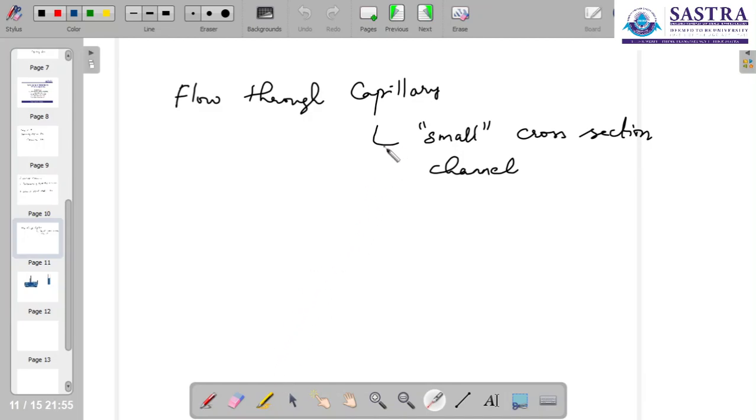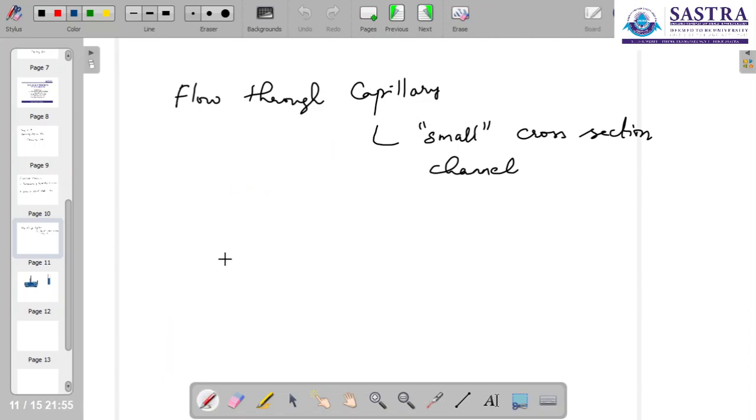As part of this learning capsule, we are not going to see the Young's Laplace equation in detail, but I am going to use its principles and see whether we can predict a capillary rise.